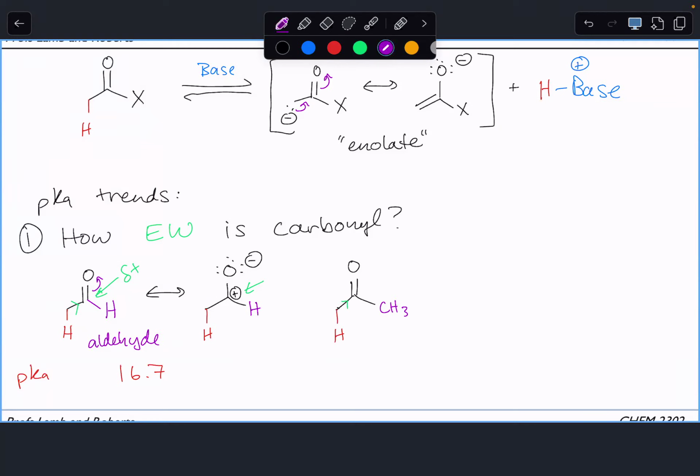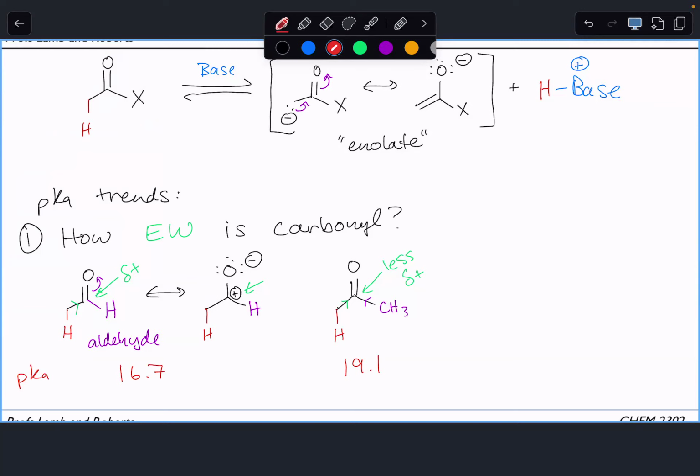And so that alkyl group is actually pushing electron density towards the carbonyl, which means that this carbon right here is less delta positive than it was in the aldehyde case. So if it's less delta positive, it doesn't have as much electron withdrawing ability. It still does, but just not as much. So therefore, it shouldn't be pulling as much electron density away, which is reflected in the pKa going up to 19.1.